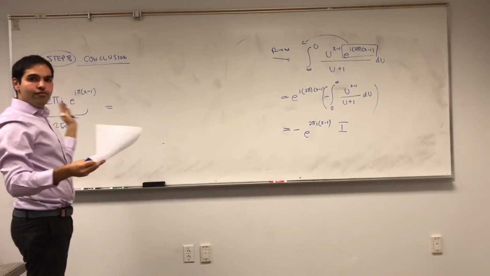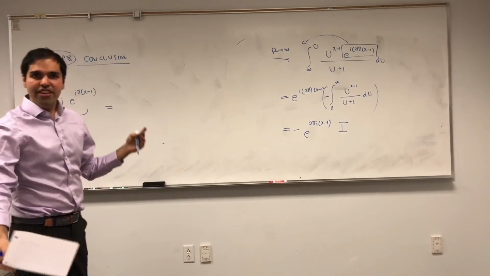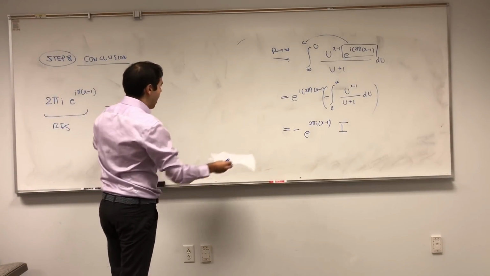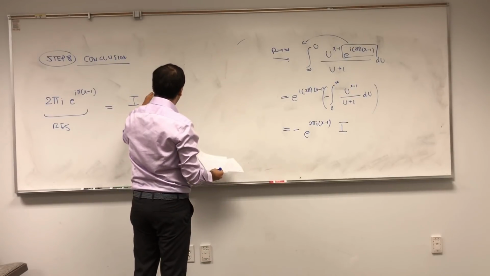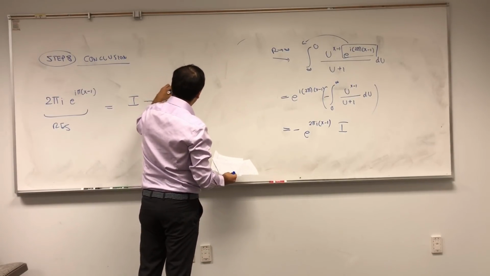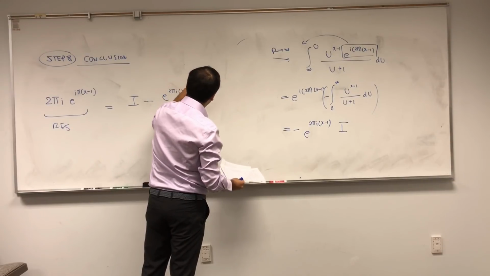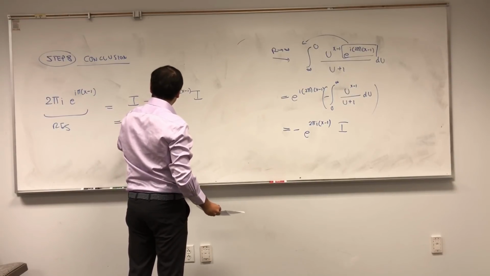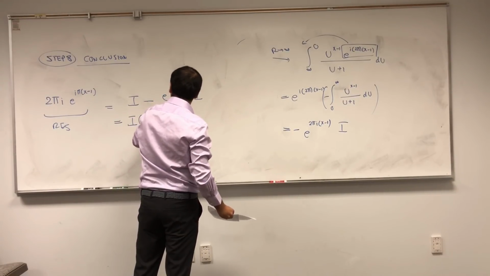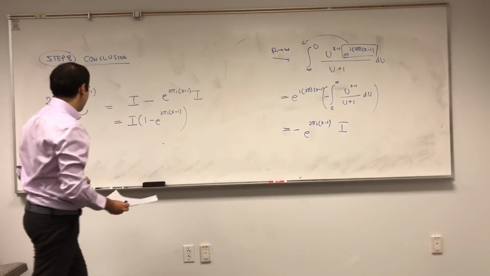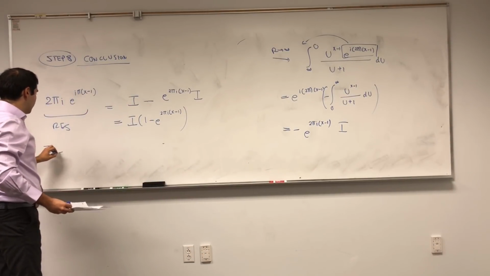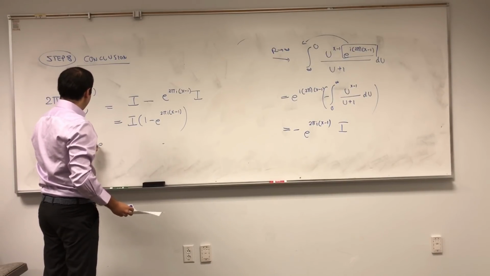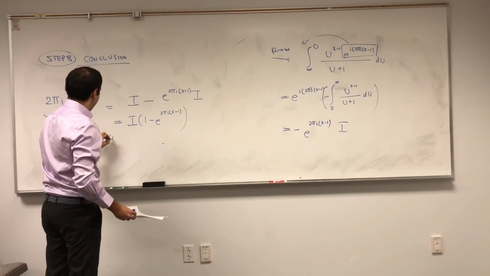And then, from the integral calculation, everything blows up except our integral I and the contribution from the lower half, minus e to the 2 pi i x minus 1 I, which is the same as I times 1 minus e to the 2 pi i x minus 1. And therefore, our integral that we want is 2 pi i e to the i pi x minus 1.